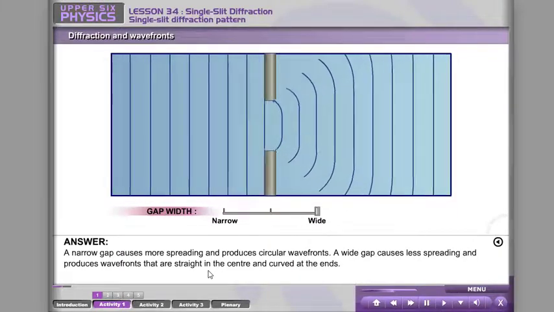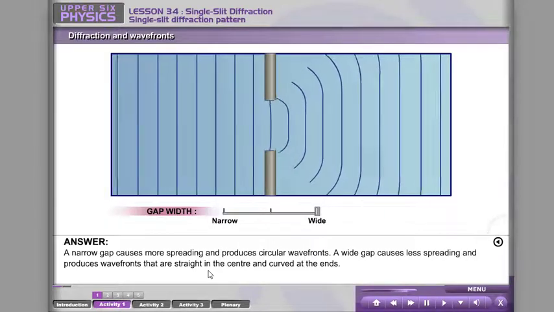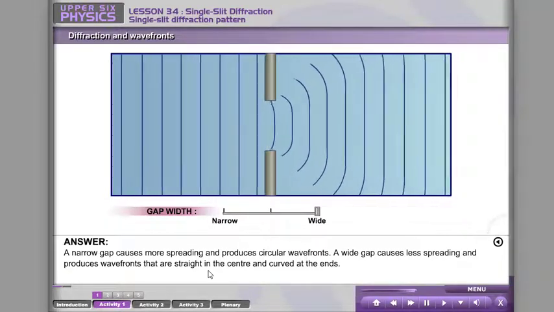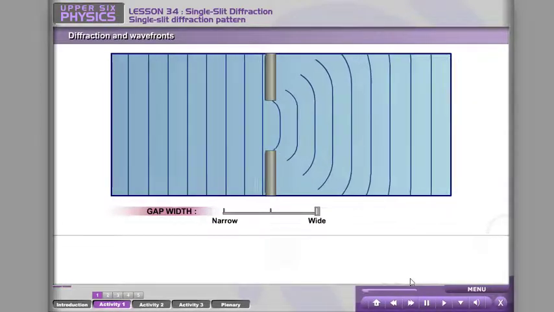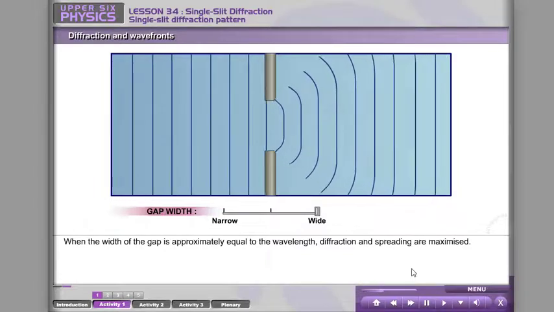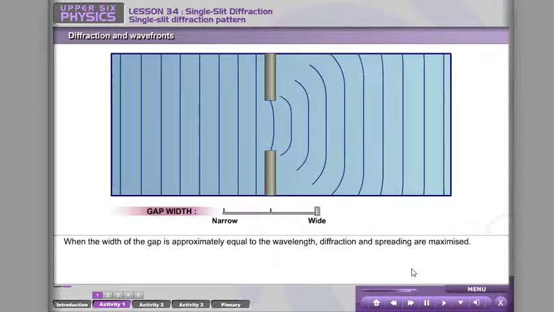A wide gap causes less spreading and produces wavefronts that are straight in the center and curved at the ends. When the width of the gap is approximately equal to the wavelength, diffraction and spreading are maximized.